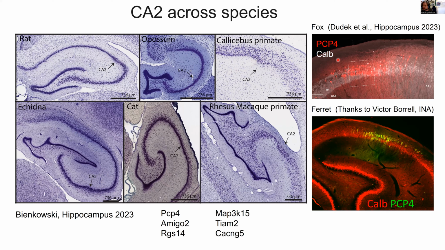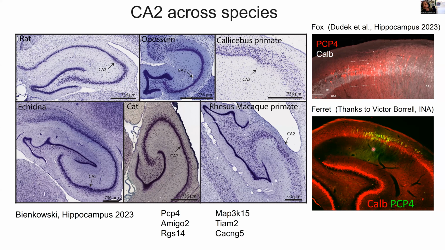And we heard about the recent work by Serena in foxes, where using calbindin it could be identified that the proximal region of CA2 is actually a bit smaller compared with rats and mouse. And in this particular section, we saw a clear expression of calbindin in CA1, where we know that calbindin is expressed in a subpopulation of cells, which in rats and mouse adopt a deep location.